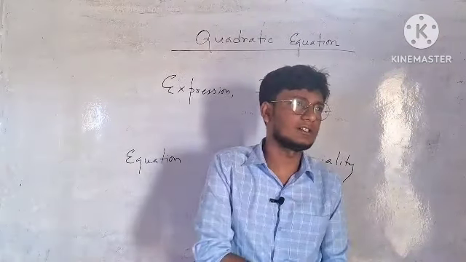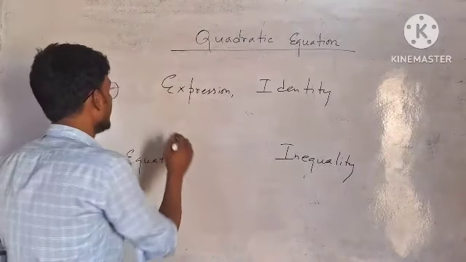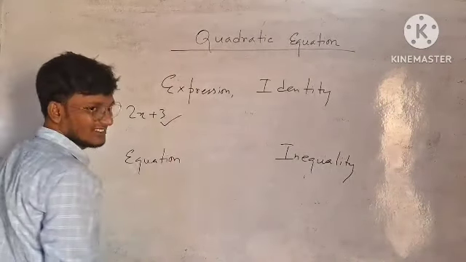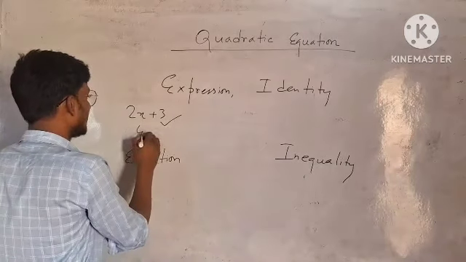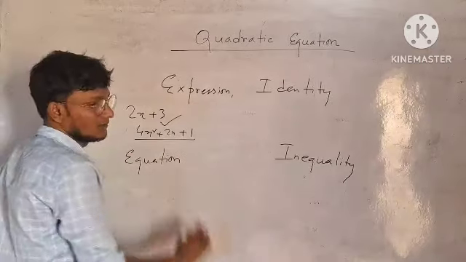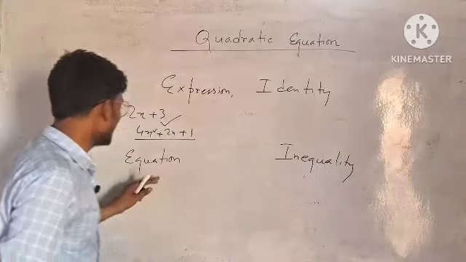What is expression? As far as expression is concerned in mathematics, if you write 2x plus 3, that is an expression. If you write 4x square plus 2x plus 1, also it is an expression. And what is equation?